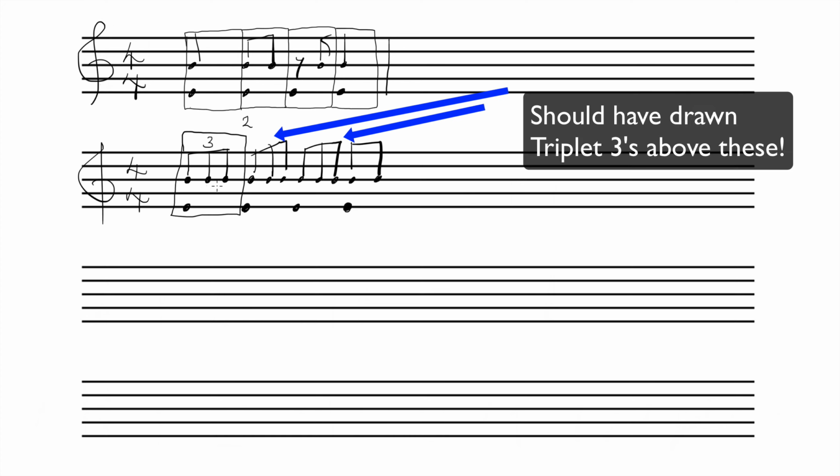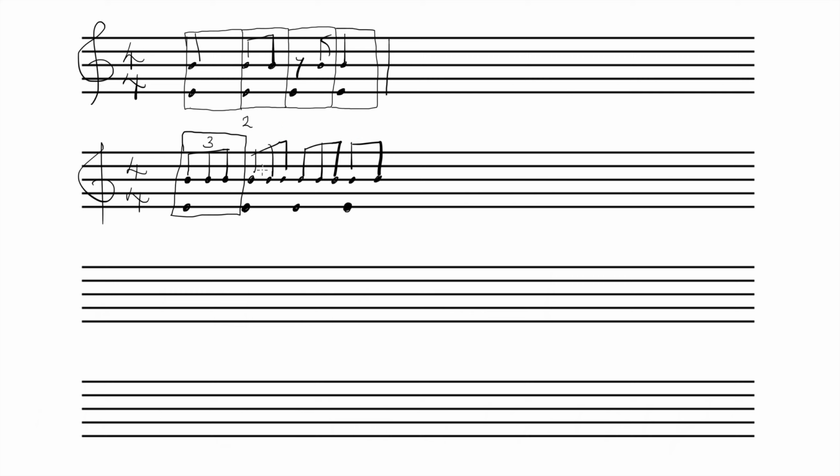So what we have there is 3 sets of triplets, and then a normal quaver ending. This would sound like this. Okay, so that's an irregular time division.